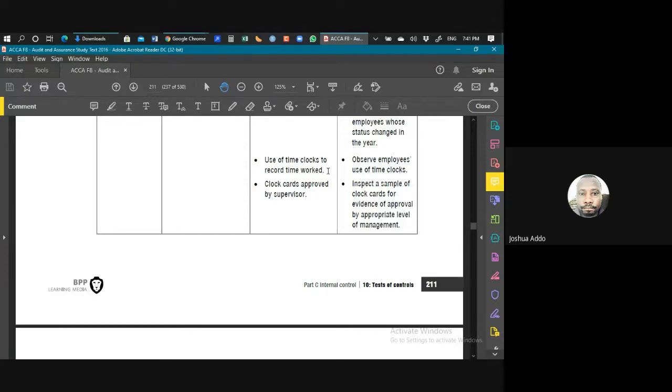When you are using such a system, with people writing in books and signing, recording the time they start the job and the time they leave, you have to make sure that there are supervisors of that process so that people don't sign for others.